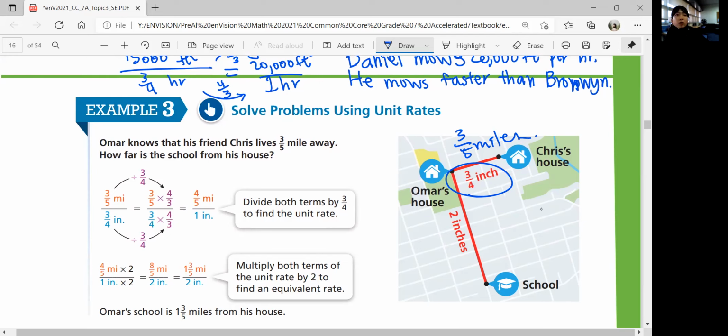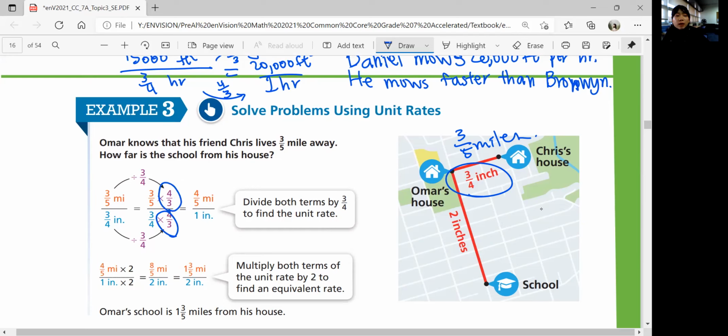First, you're gonna figure out the unit rate for the distances, right? So first, 3/5 over 3/4. Yes, you may get complex fractions, but you're gonna simplify it, okay? 3/5 over 3/4. You divide the number, which means multiply by the reciprocal, 4/3.